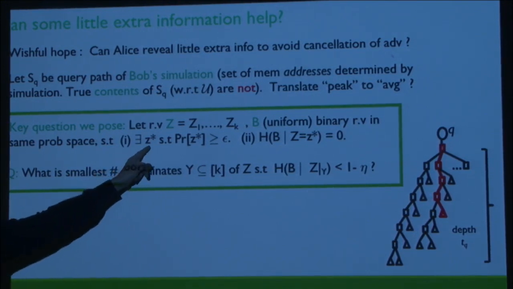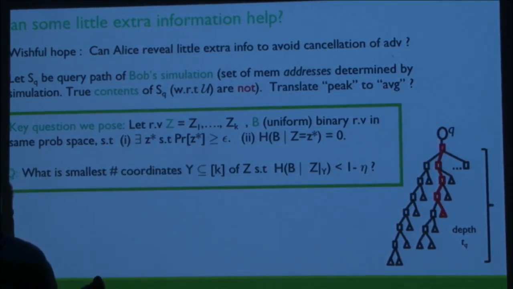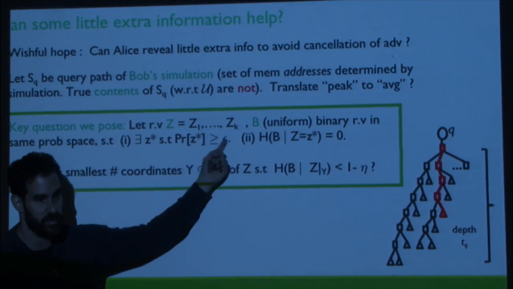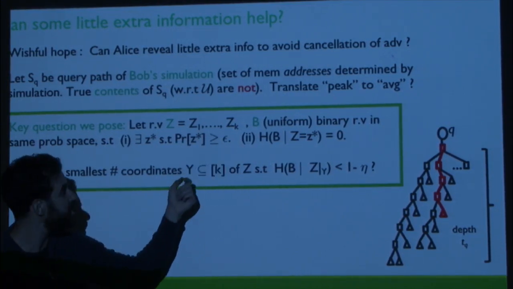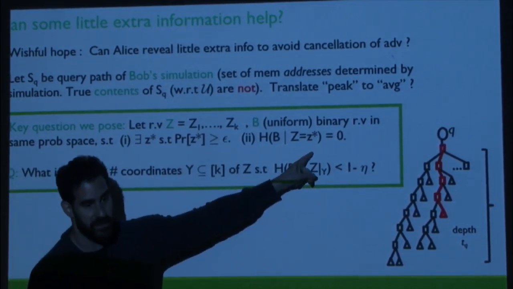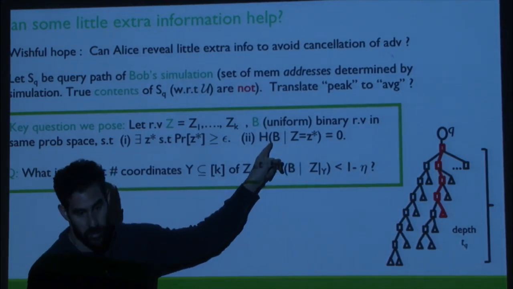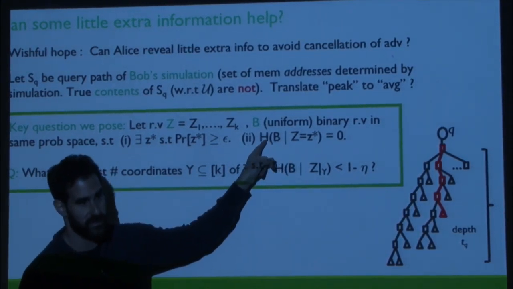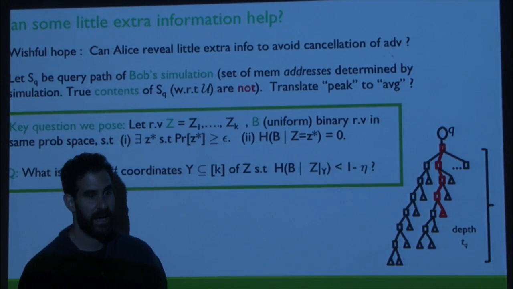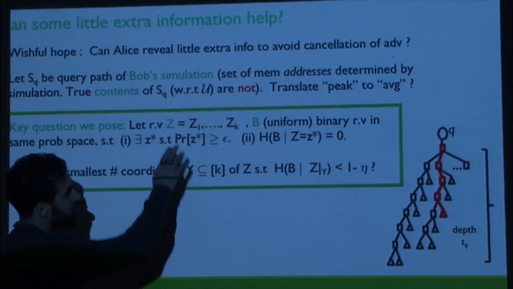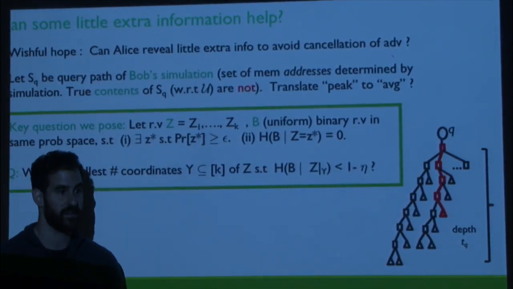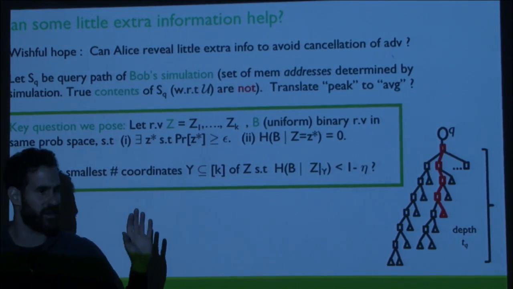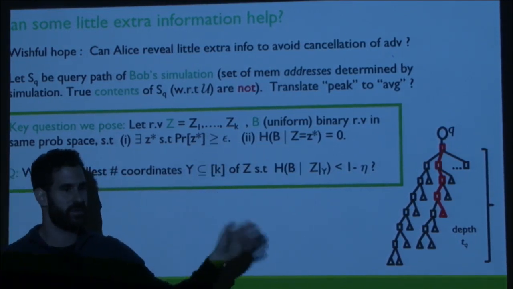There is some singleton assignment, one assignment to the k-bit string, such that conditioned on this assignment, B is totally predictable, so it's a function of Z. What do we know else about the correlation? Absolutely nothing. The correlation between these two can be arbitrarily complicated.